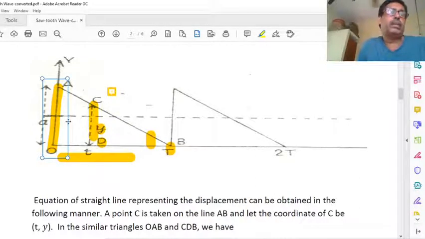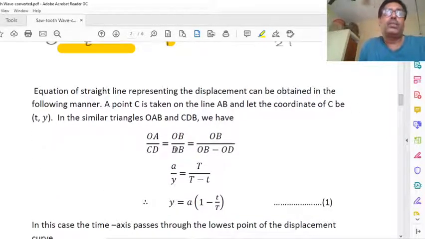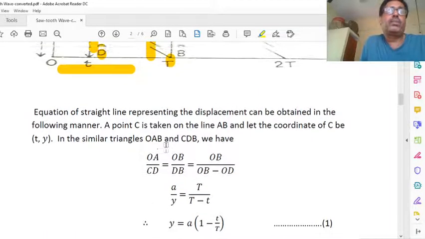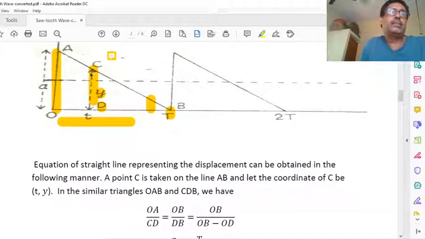This is Y, this is A. We may write OA by CD, taking the help of the figure, OA and CD.